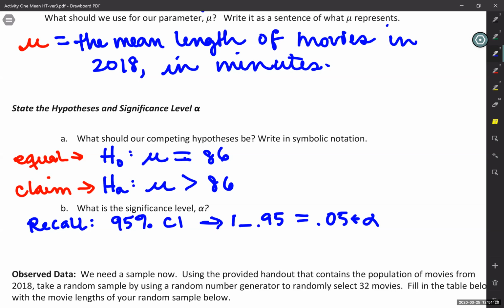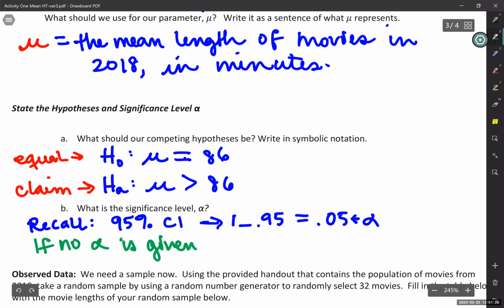Okay, so now for the new part, if no alpha is given, we're going to use alpha equals 0.05. 0.05 is a very common number to use for alpha, because that 95% is the middle two standard deviations to determine what's normal and what's not.